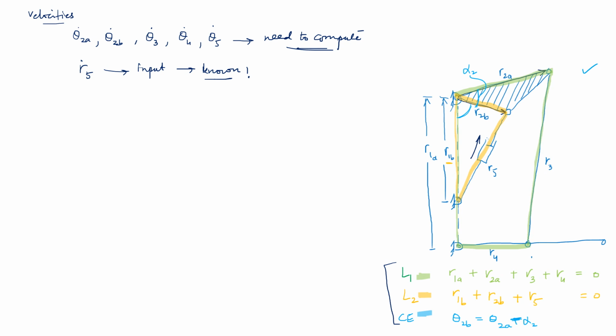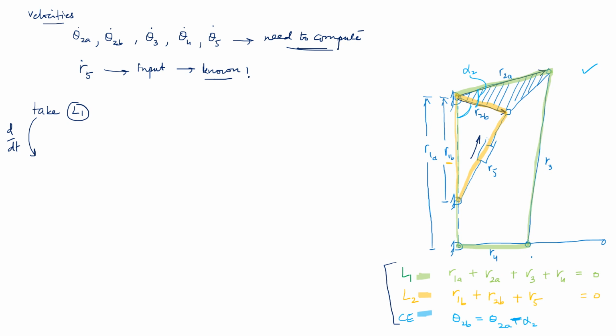The very first thing we need to do is take equation L1 and take the time derivative of it. While doing that, I would automatically convert this equation into polar form as well.